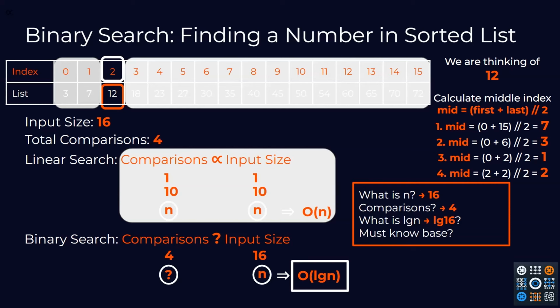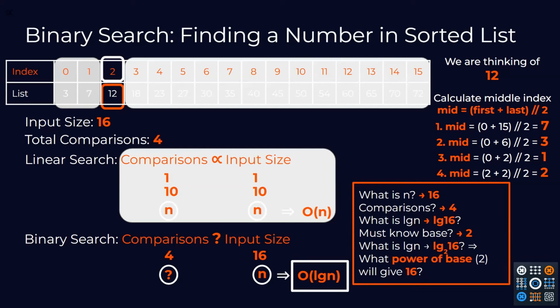We cannot calculate the log until we know the base of the log. Binary search is based on dividing the list by 2 repeatedly, so we use base 2 for logarithms. So what is log 16 with base 2? This means, what power of the base, that is 2, will give us the number 16?